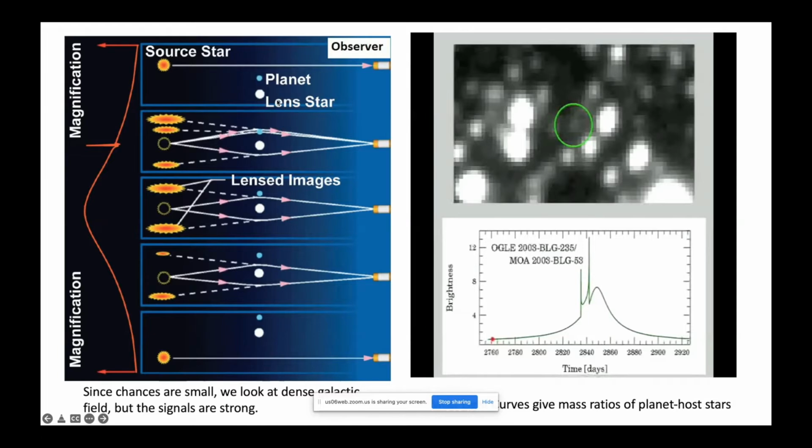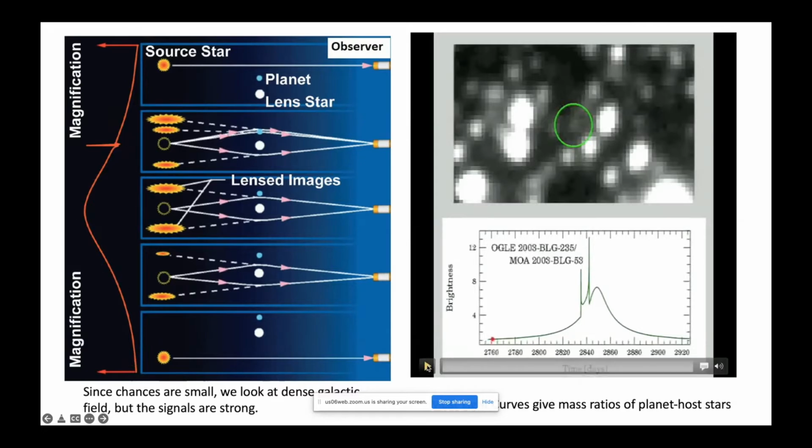When the lens star and the source star align in our line of sight, the light from the source star gets bent by the gravity of the lens star and creates different images which overlap and make this magnification. And if there's also a planet, then the light gets deflected by the planet and also creates an anomaly due to the planet. On the left, you can see a curve that is a cartoon diagram for it.